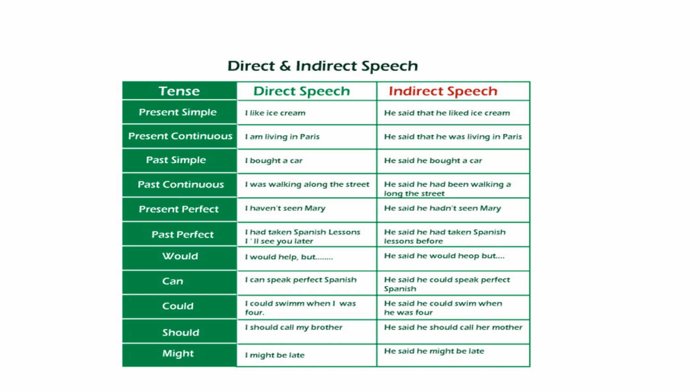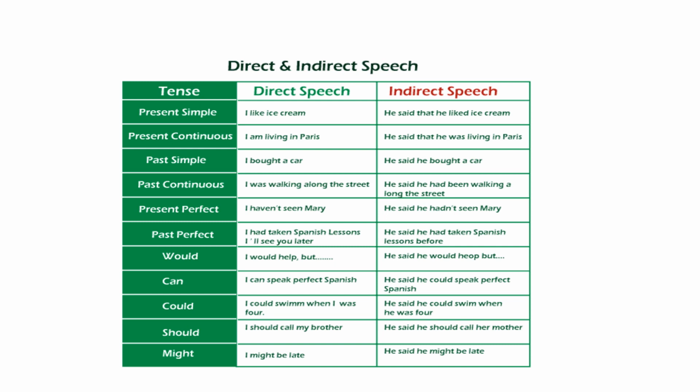For the present perfect, you can see, "I haven't seen Mary." He said that he had not seen Mary. This is the indirect speech. For the past perfect, as you can see, "I had taken Spanish lessons." He said that he had taken Spanish lessons before.